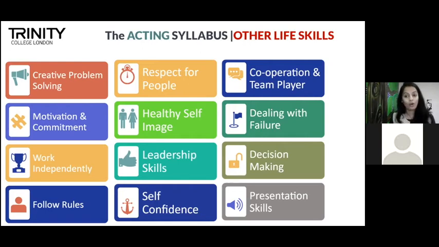You know that the audience would appreciate only if they are able to hear you, only if they are able to see your body language, the way you move, are you fast, are you slow, is it communicated? So presentation skills. Everything wrapped up together is your drama syllabus. And of course, acting comes right under it.